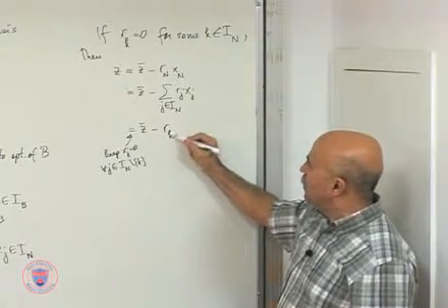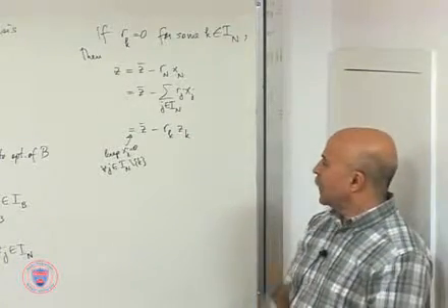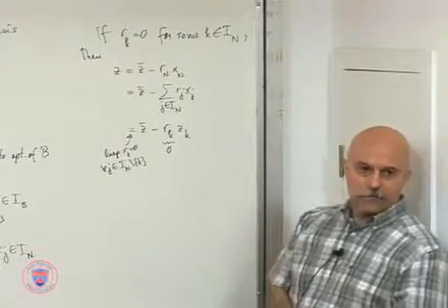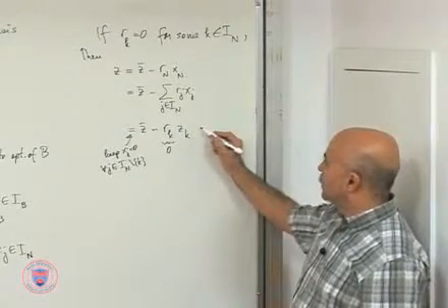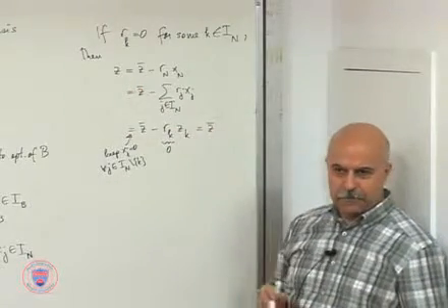It will be rk xk. But rk by assumption is equal to 0, which means that you're not changing the objective value. It's still the same.